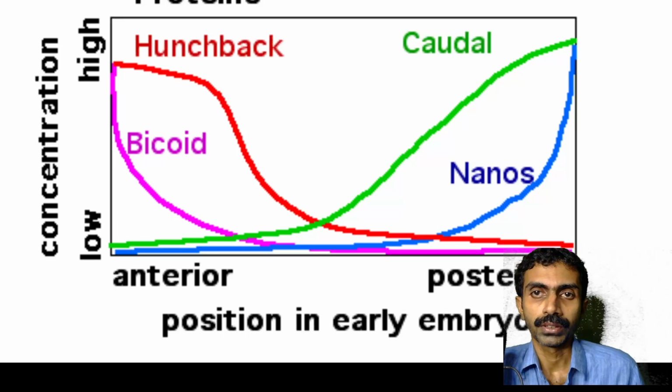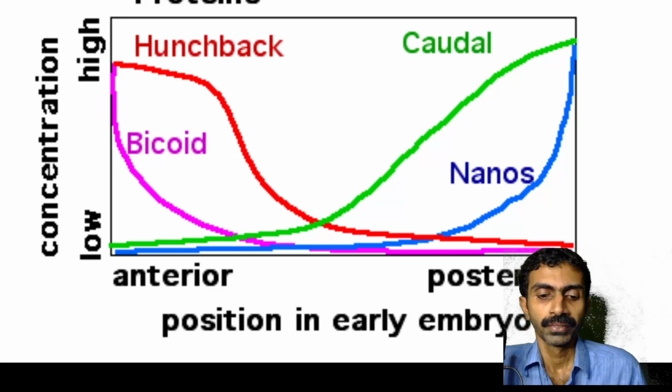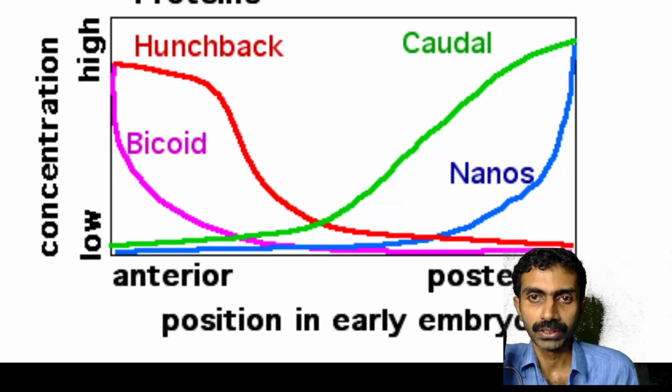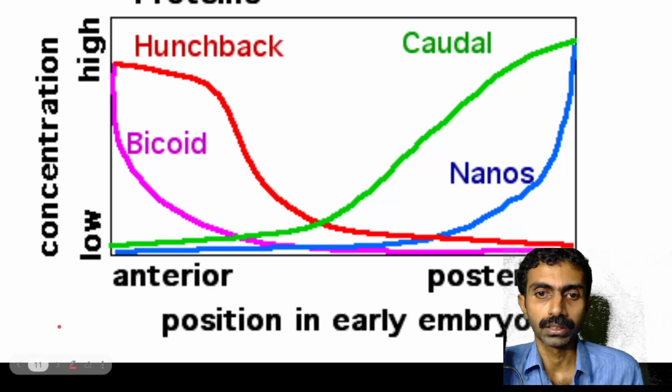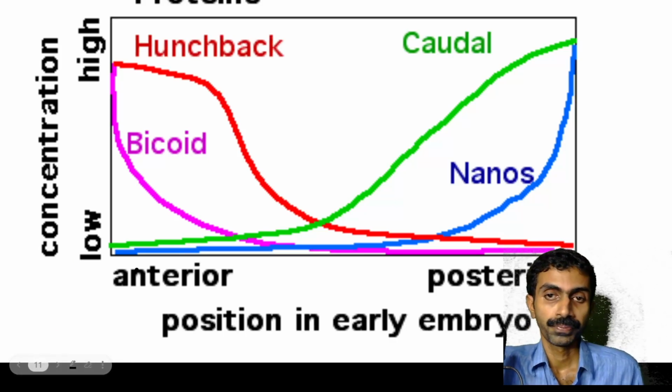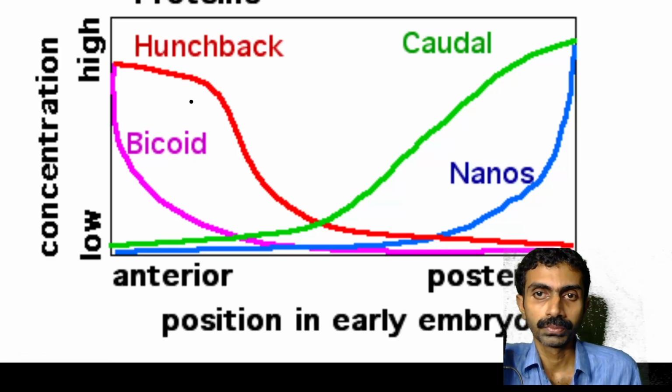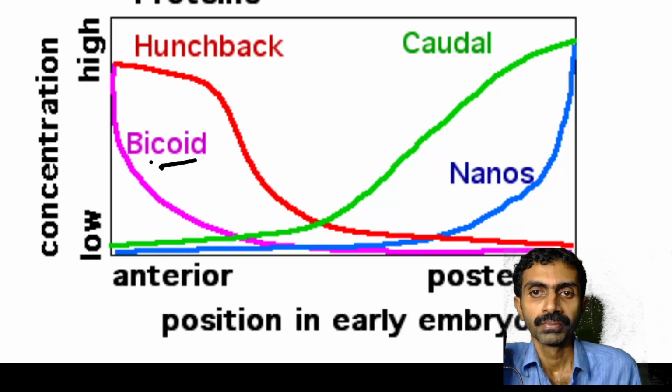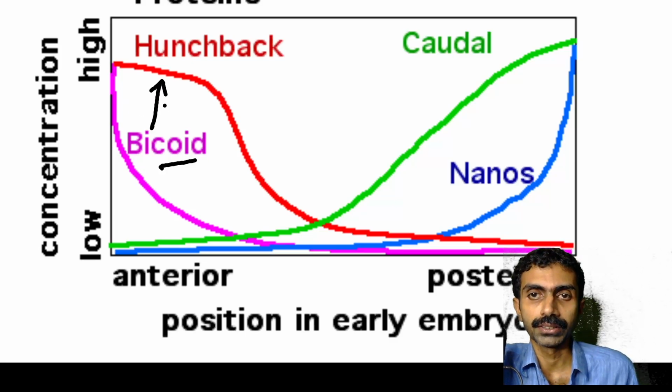Now I'm going to explain what I said earlier using the diagram. With the help of this diagram, we can see the bicoid concentration. I'll change this pen color a little bit so that it will be easier for you to understand. The bicoid is present in the anterior region. The concentration is highest at the anterior-most region, and therefore it activates hunchback in the anterior region.